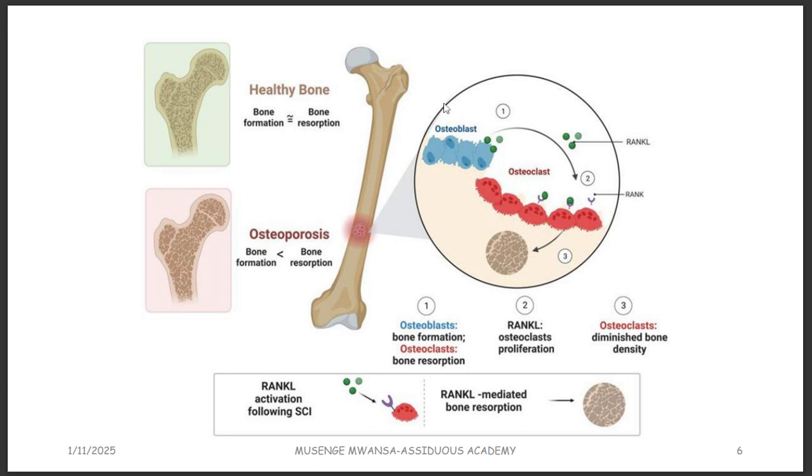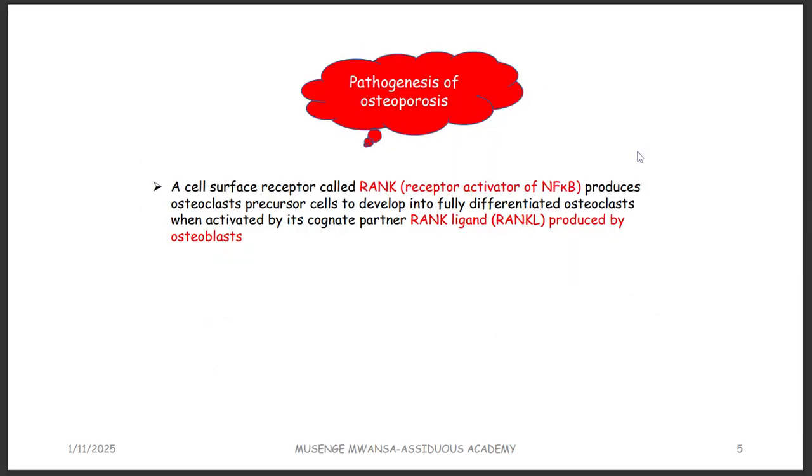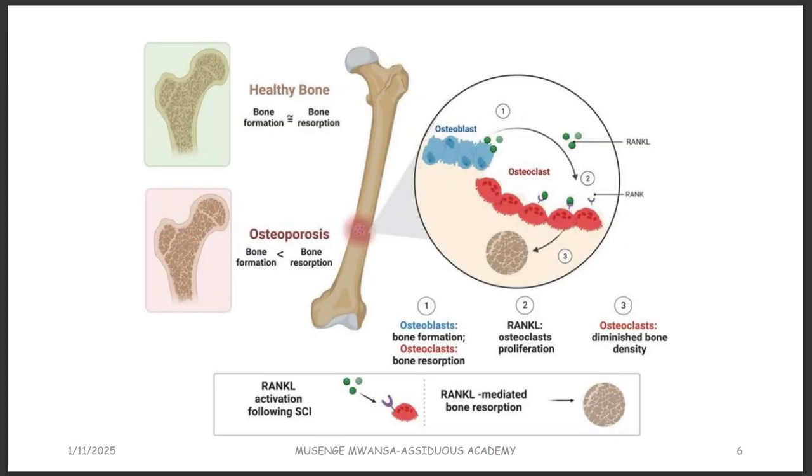But in time, later on, what is going to happen is that the osteoblasts, when they are stimulated by the parathyroid hormone, are now going to start releasing cytokines, or actually release what is known as RANKL. The RANK here is the receptor activator of nuclear factor kappa B. So the R is for receptor, A for activator, N is for nuclear, and K is for kappa B. So what happens is that RANKL is now going to attach on the osteoclast.